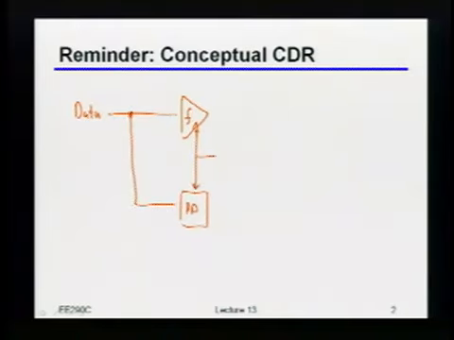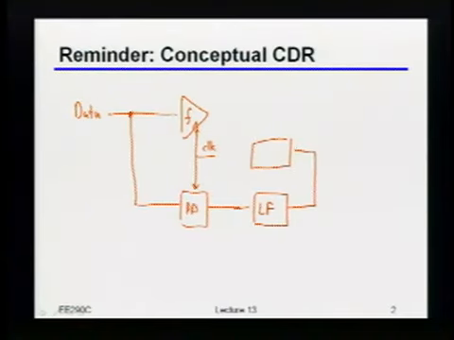If this is our sampling clock, we're going to be doing a phase detection relative to that sampling clock. We take those phase detector outputs, feed them through some sort of loop filter, take the output of that loop filter, and feed it into some sort of phase adjustment mechanism. And of course, that phase adjustment mechanism is going to be the thing generating the actual clock.